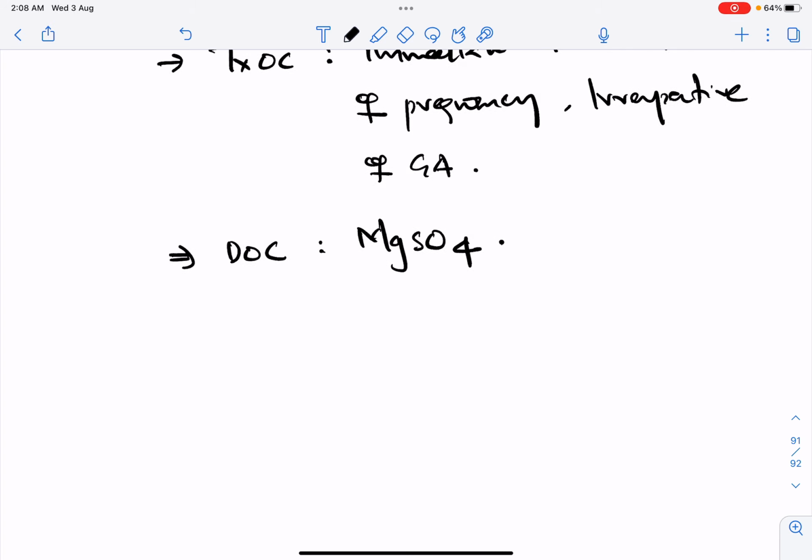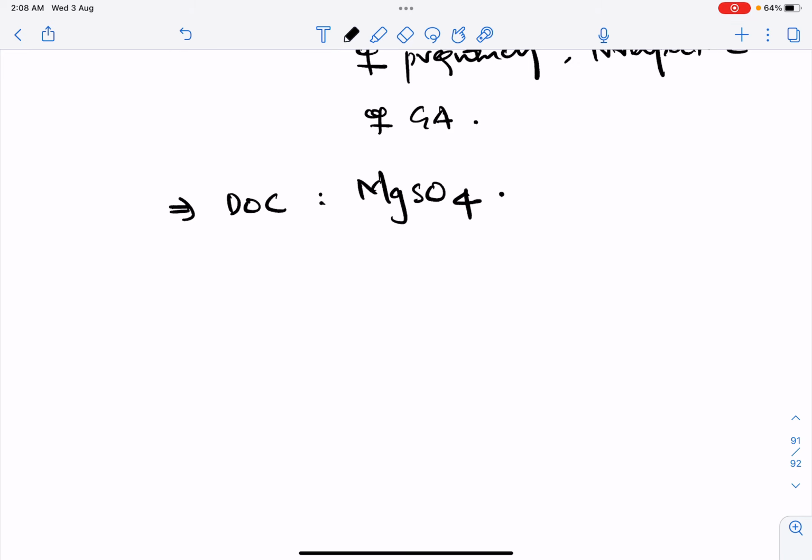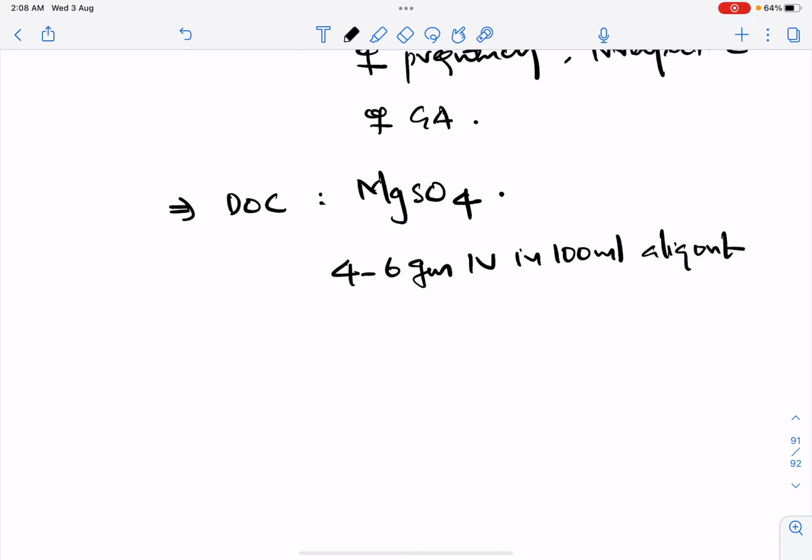Now how to give MgSO4? There are many different regimens to give MgSO4. Usually in the emergency department it is given as 4 to 6 grams IV in 100 ml aliquot over 20 to 30 minutes.